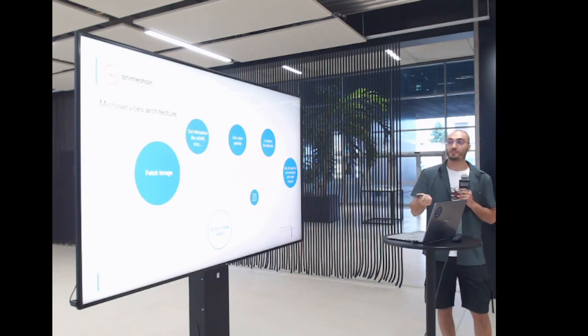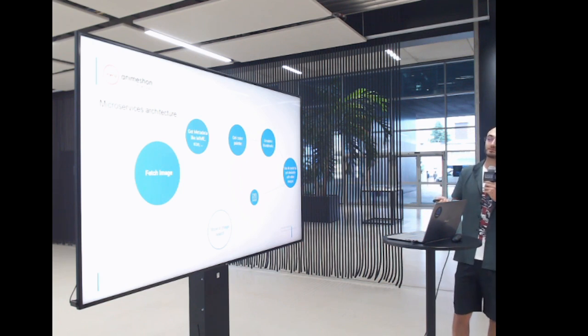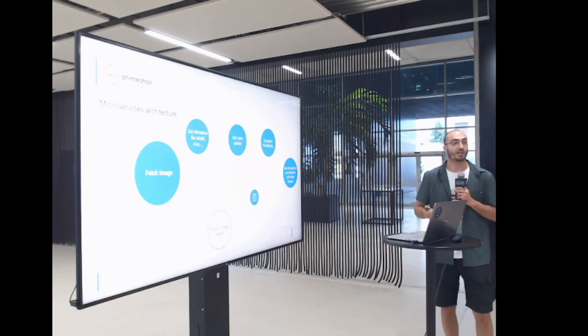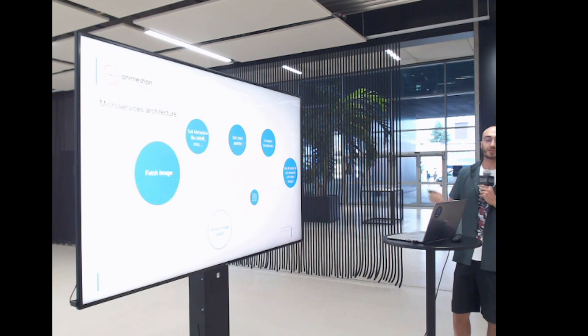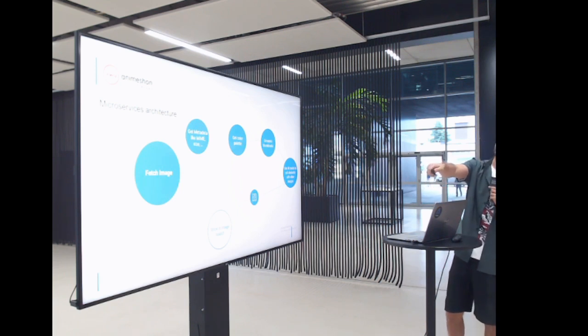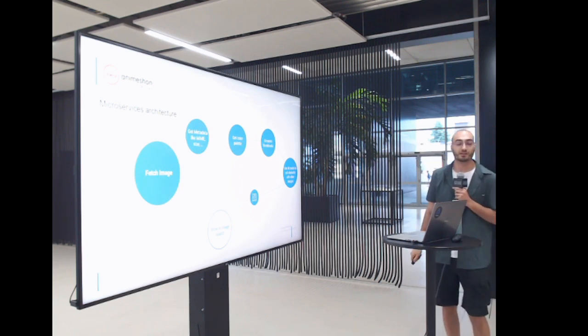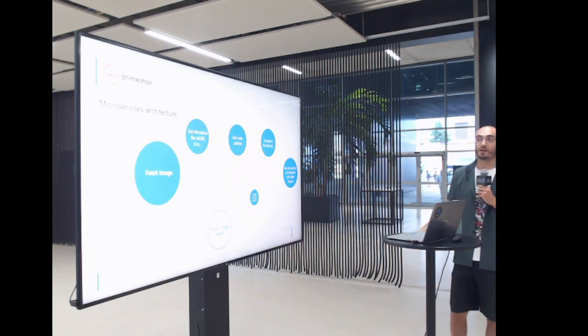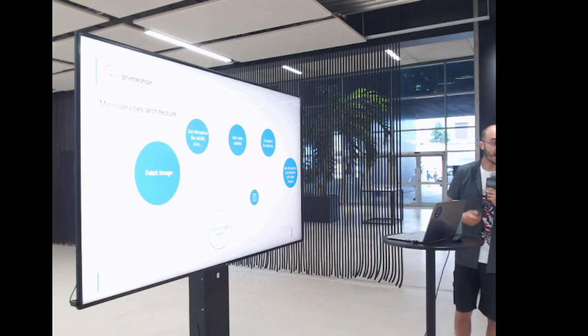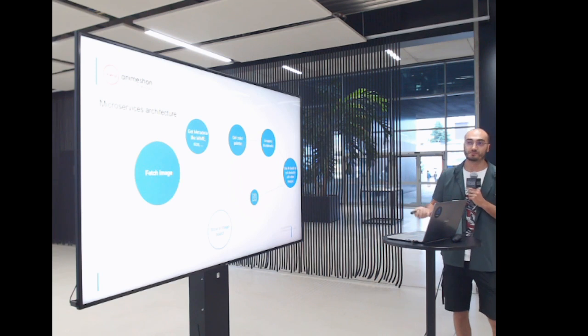But what if the service which generates thumbnails goes offline for 10 minutes? So we have the image that goes through the first three circles and then stops because we have an error. So how do we address this problem?